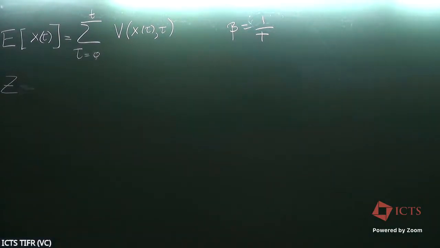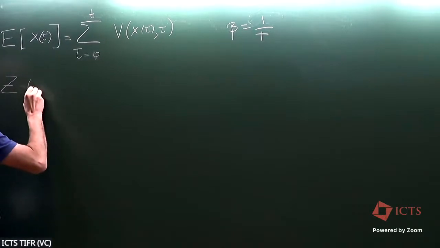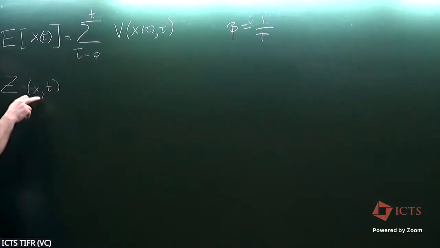You have to decide what paths you are considering. The paths always start in 0, 0, but they can end in x, t, or they can end wherever they want. If I write it like this, it means that I consider only the paths that end in x, t. Then we will count how many they are.